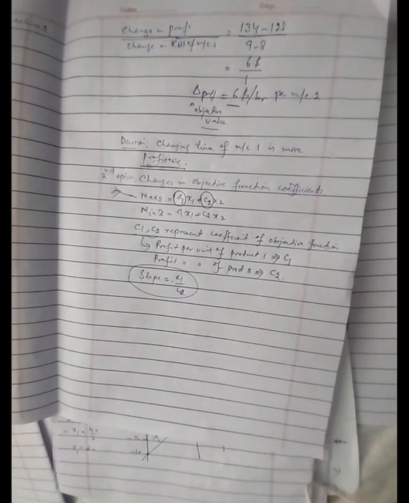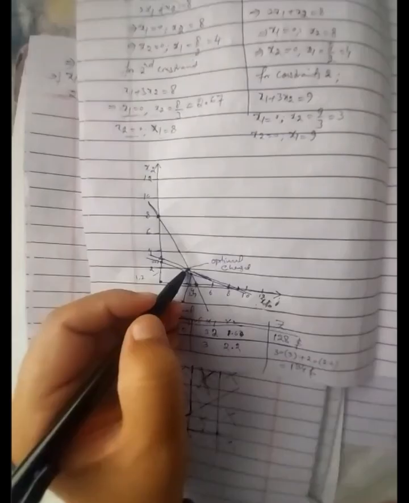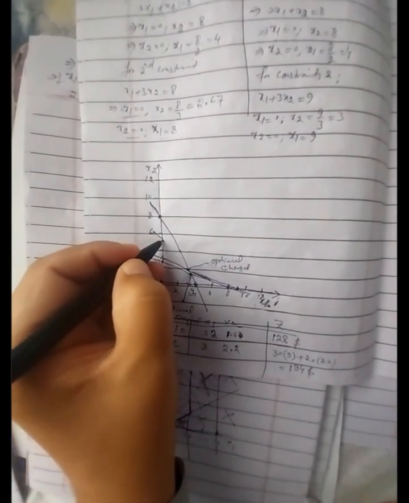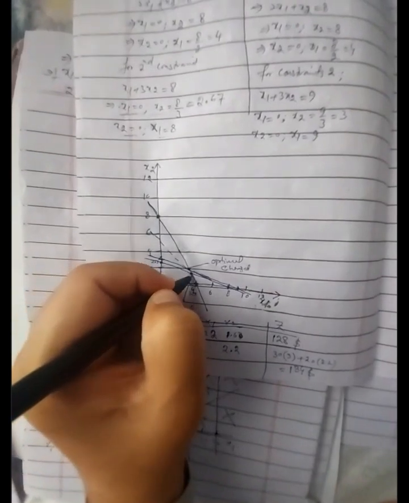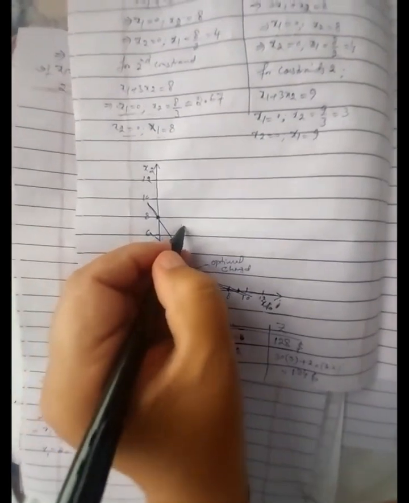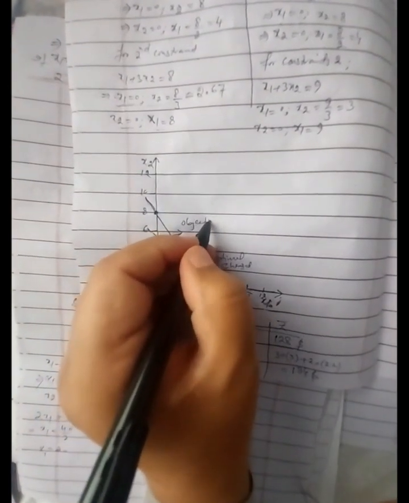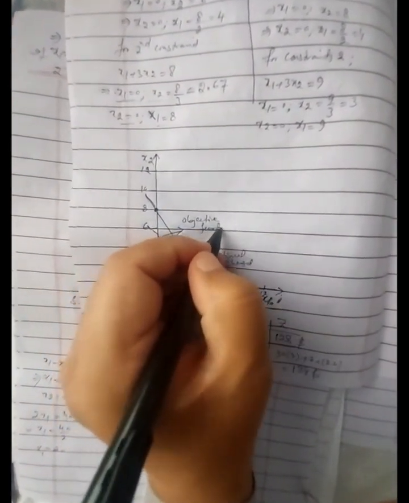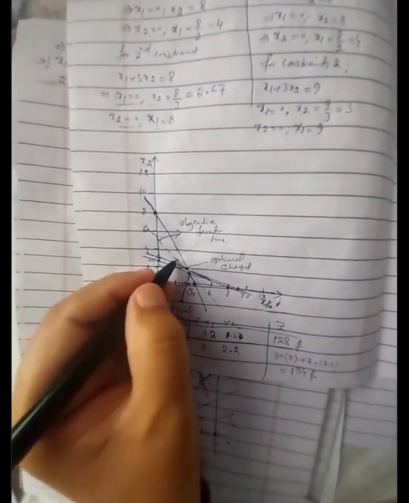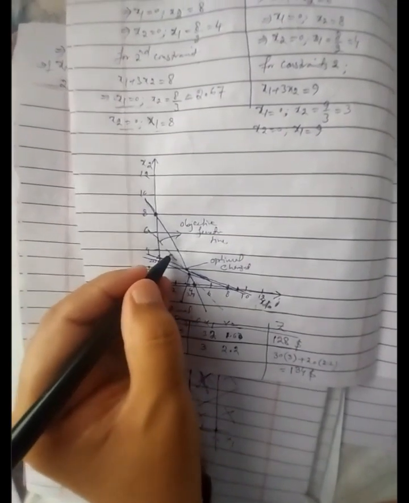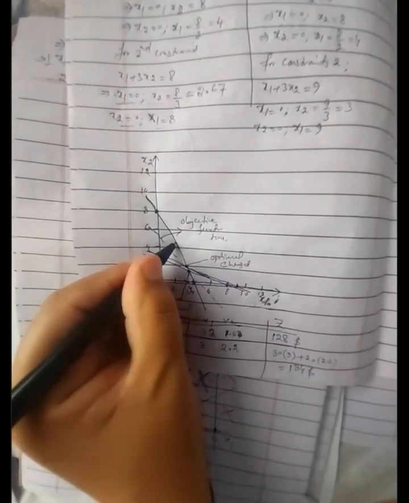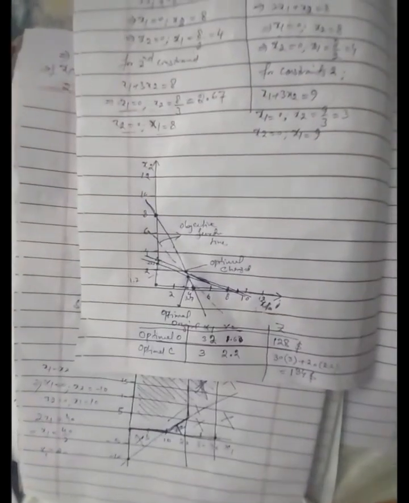Now here, this is the objective function line. And to remain in the optimal or feasible region, it must be in between both the constraints, constraint 1 and constraint 2.